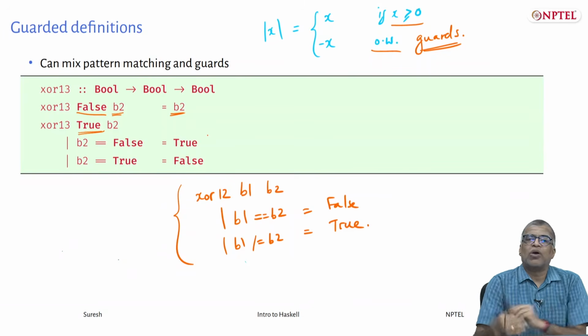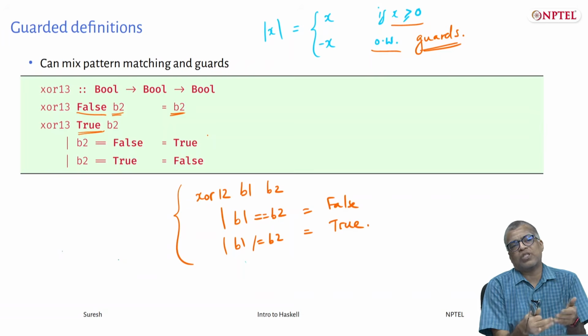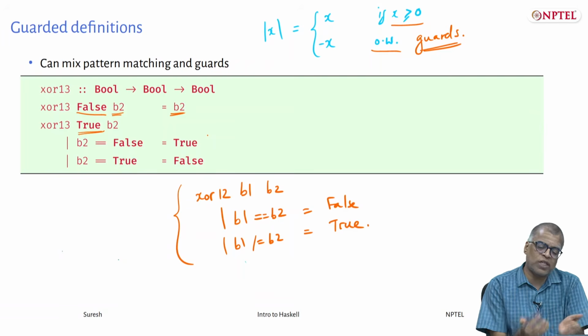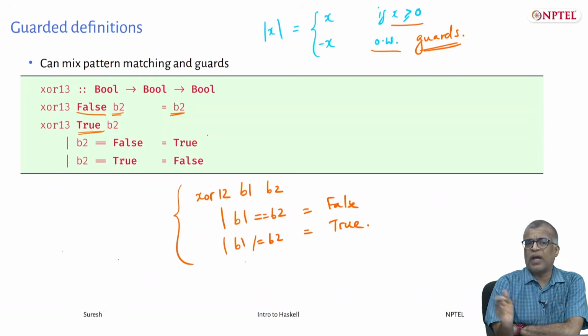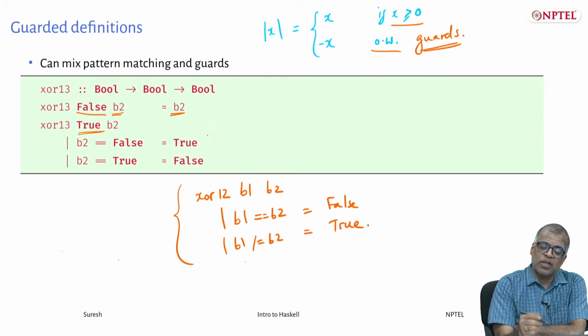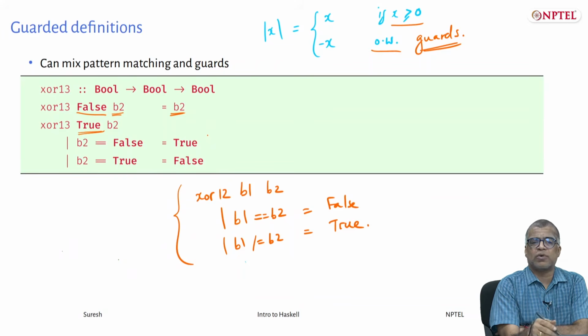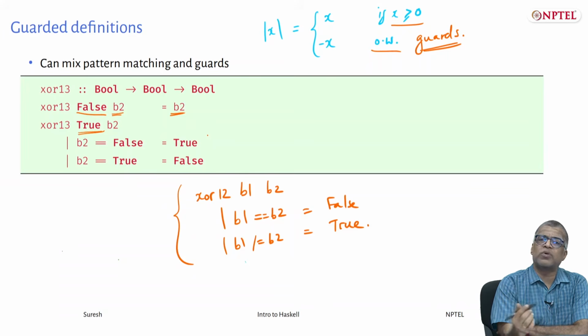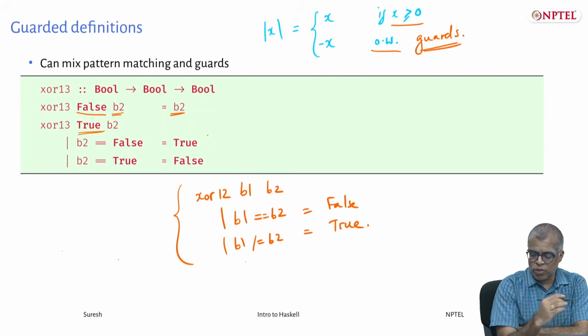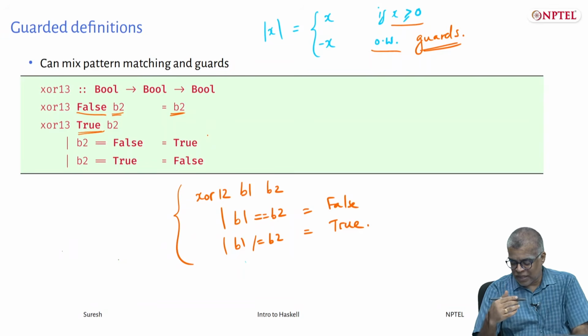Just to tell you that you have lots of flexibility in defining basic functions. So single line expressions, pattern matching, guards. Okay, you can mix and match all these. And remember that you can also express some of these things using a single line expression on the right hand side, which uses if then else. Okay, so there are all these facilities that Haskell provides you.